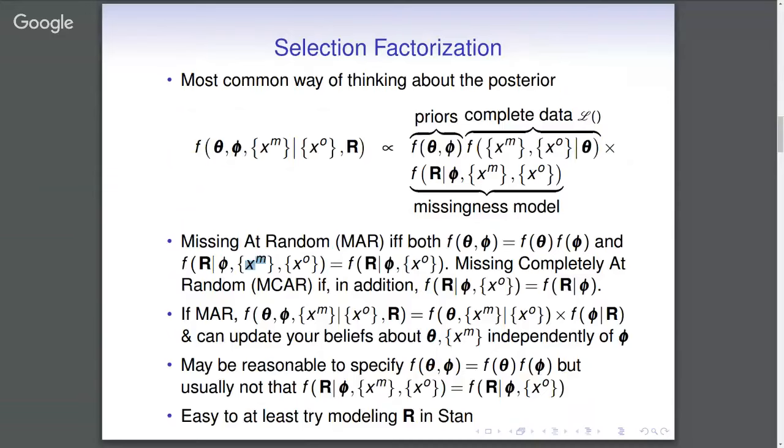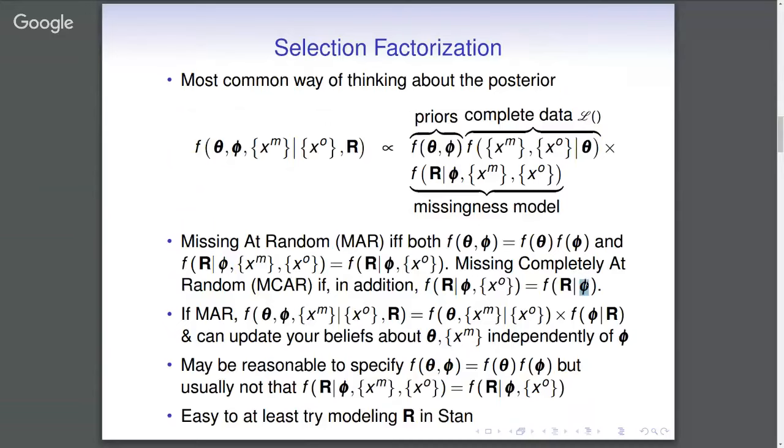An even stronger condition is called missing completely at random, or MCAR, the stronger assumption that the missingness for R doesn't even depend on the observed values of X. It just depends on phi. So phi could be like a weighted coin flip.